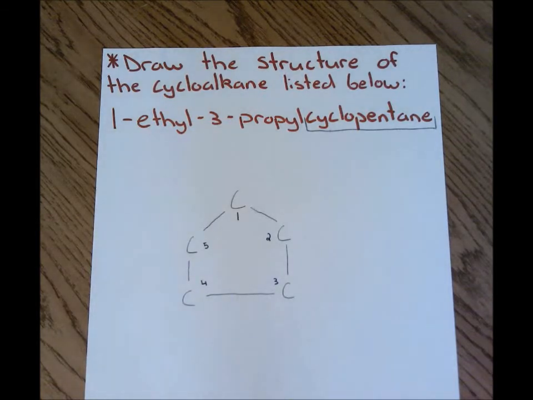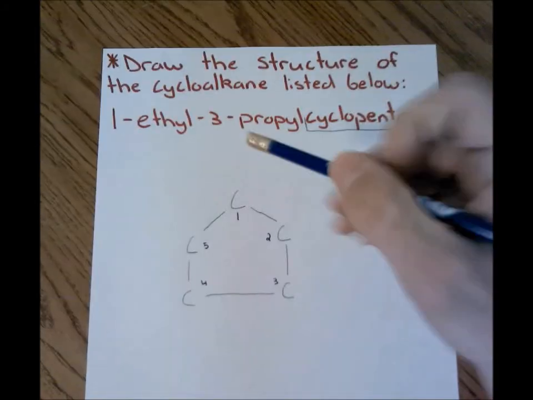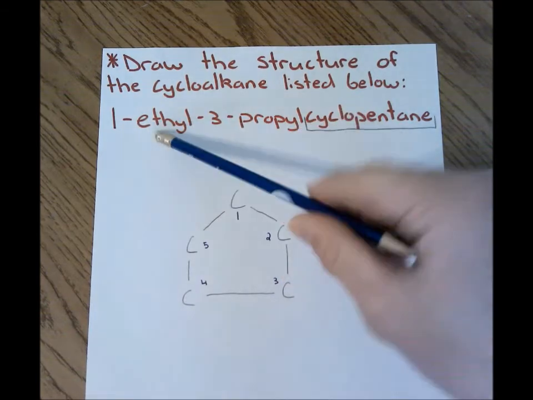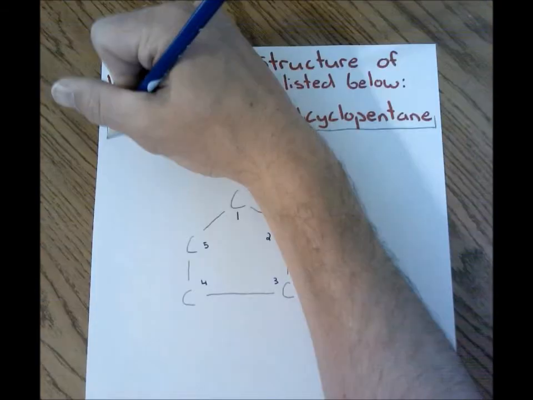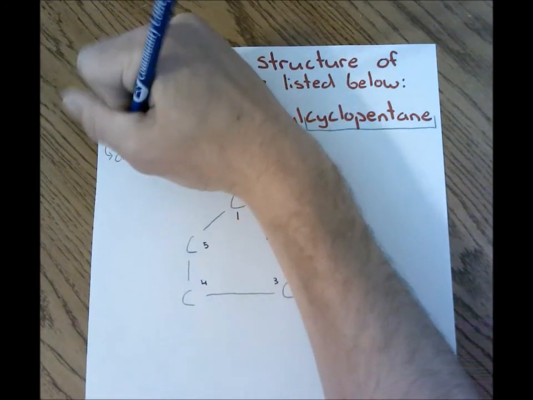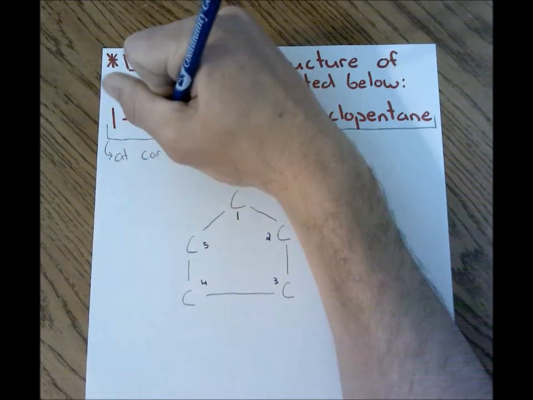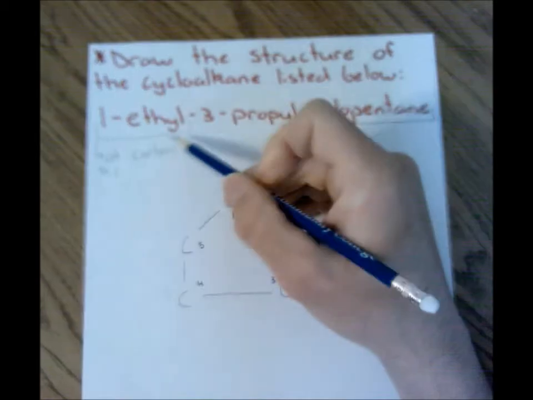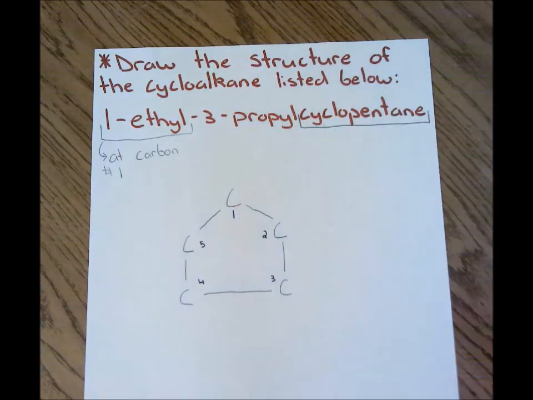So the first attachment, I always just go right to left. The first attachment is a 1-ethyl. And so a 1-ethyl means at carbon number 1, we have an ethyl group. So what we do here, remember the YL was changed from ANE. So on our attached group, we have ethane.